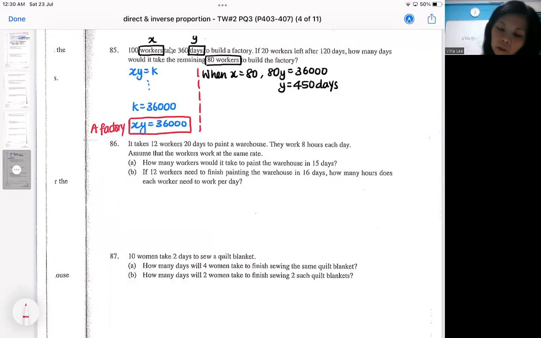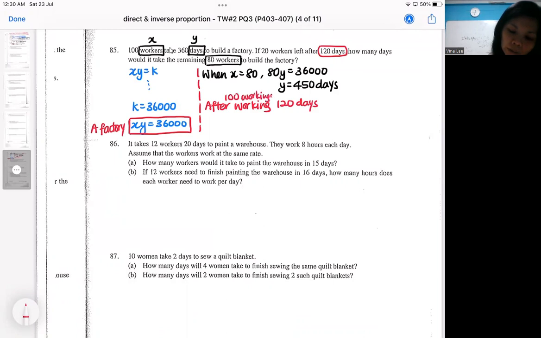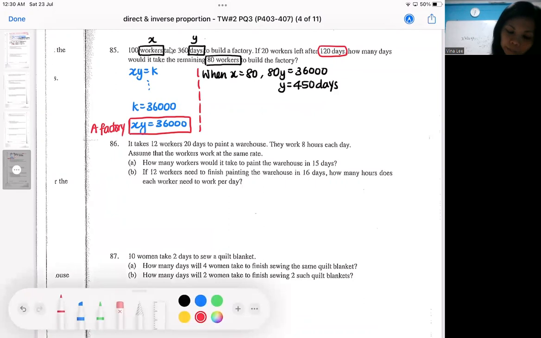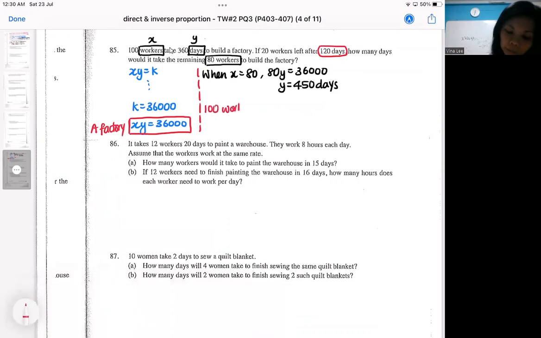But actually, they have already been working for 120 days, so you have to think logically. The 100 workers work for 120 days, and they have already completed some fraction.